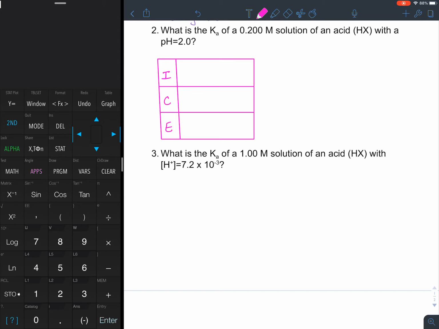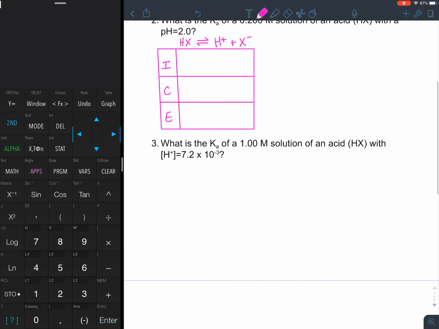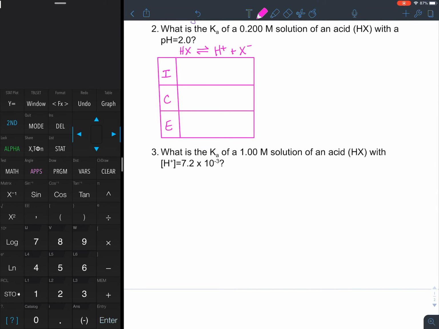I'm going to go ahead and do a generic weak acid dissociation equation up above it. I always like to have my equations up there. So HX forms H plus and X minus. This is when we actually dissolve them, or put this particular acid into water. I don't usually show the water. We can, there's a method for doing that, but I like to keep it as streamlined, as simple as possible.